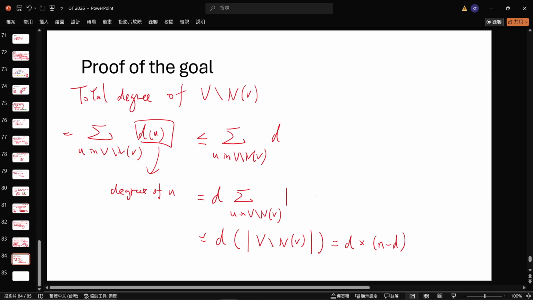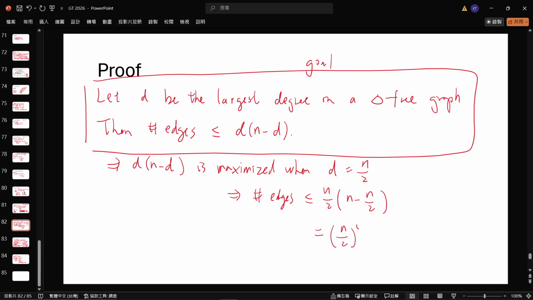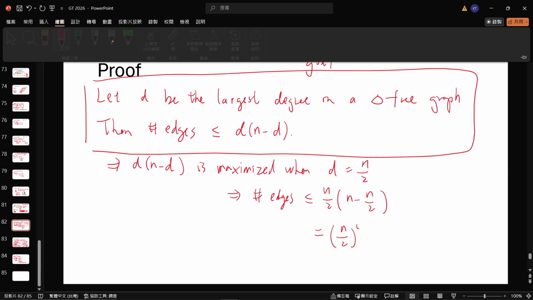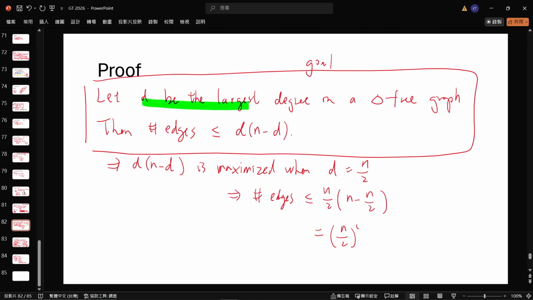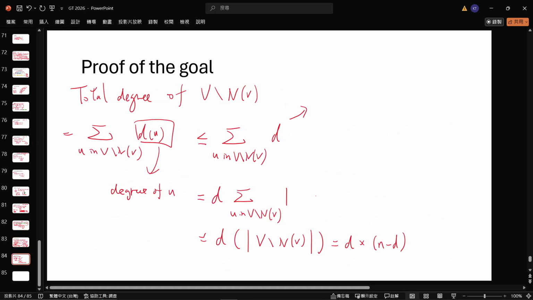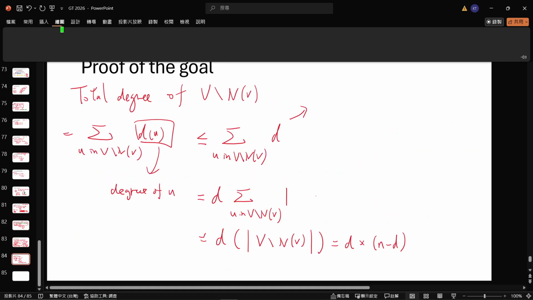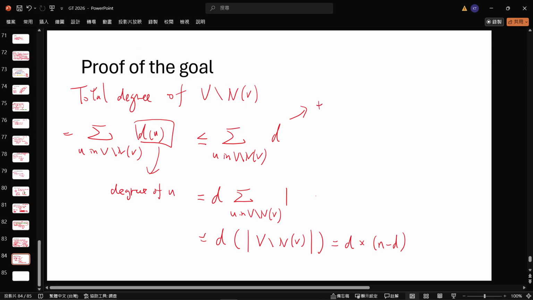And what is D? D, according to our previous definition, is the largest degree. So in other words, d of u is the degree of some vertex.